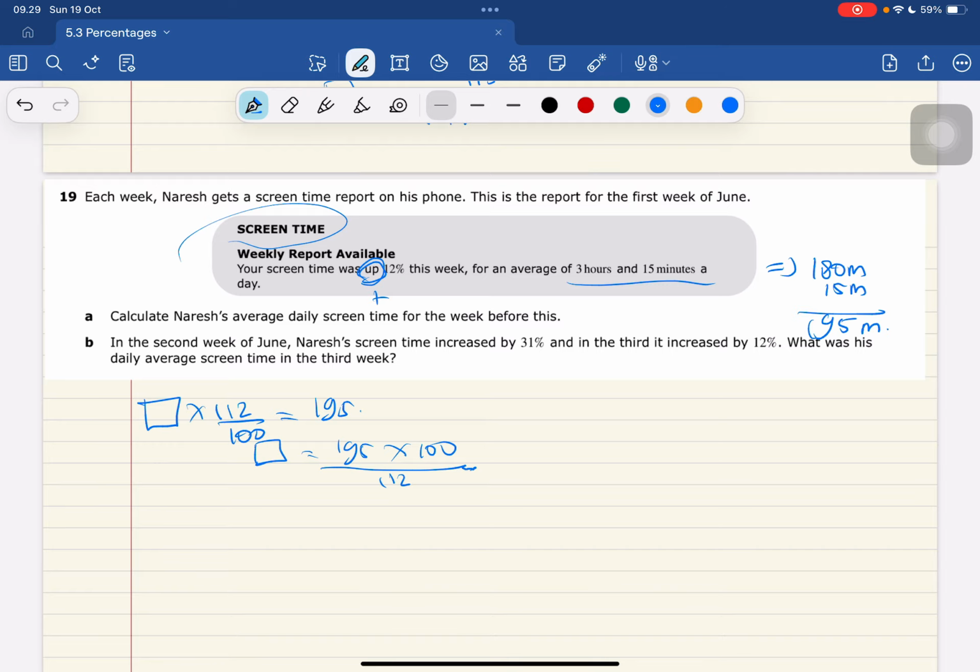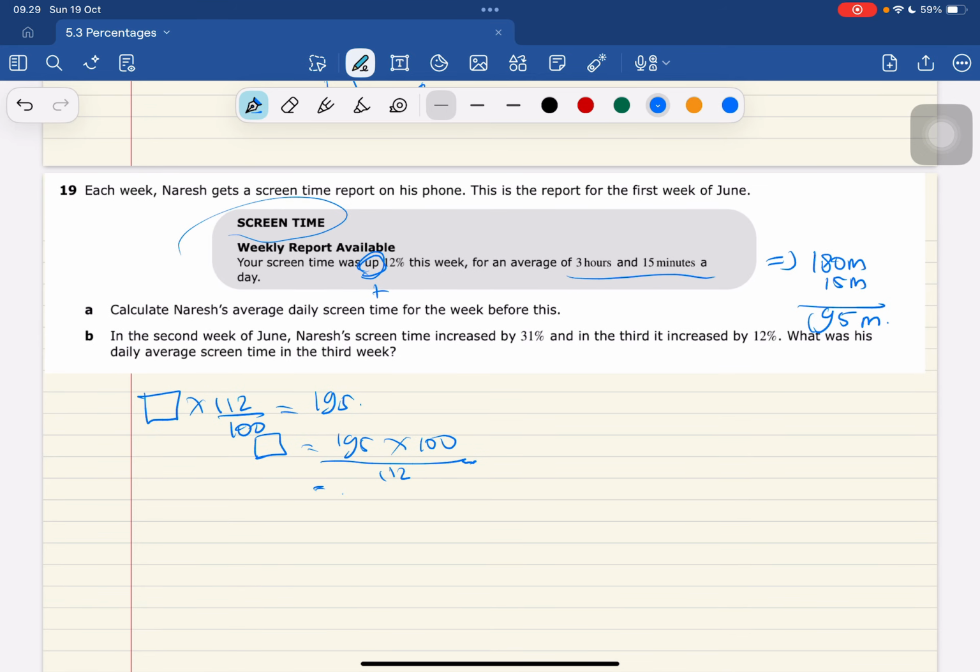So we divide by 112, 195 times 100. This will give us the answer of around 174 minutes.